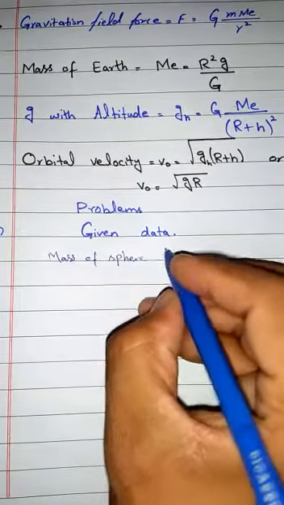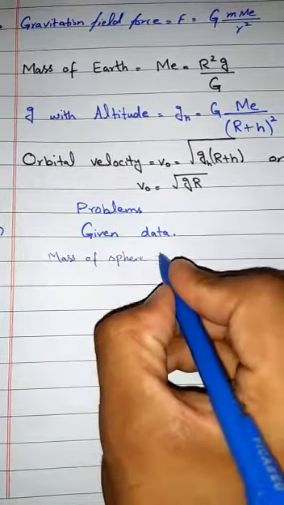sphere 1 is 1000 kg. Similarly, mass of sphere 2 is 1000 kg.